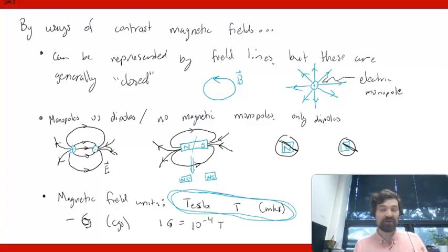4 orders of magnitude smaller, is useful because the Earth's magnetic field is on the order of half a Gauss, which is on the order of 5 times 10 to the minus 5 Tesla.